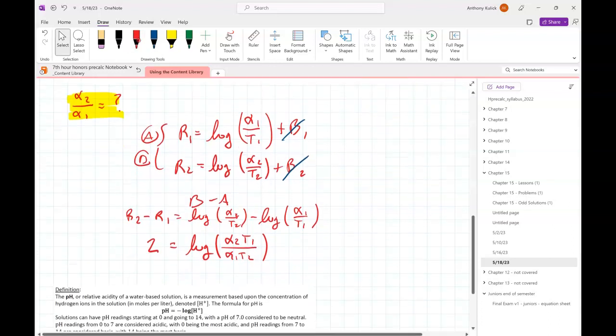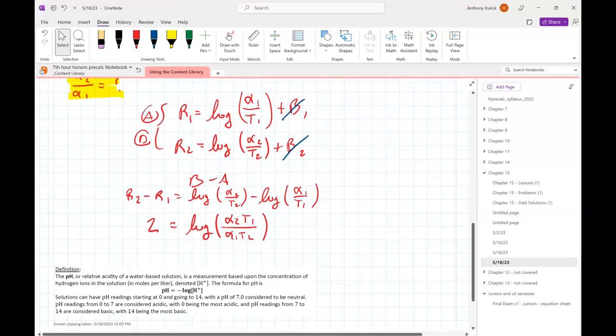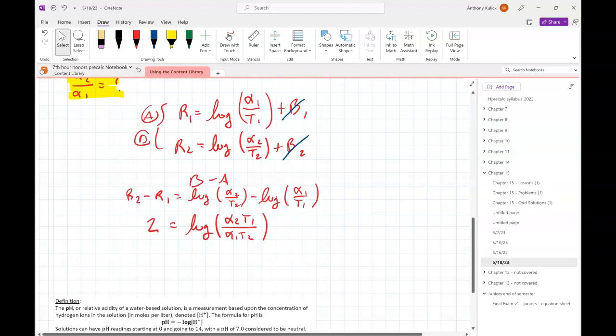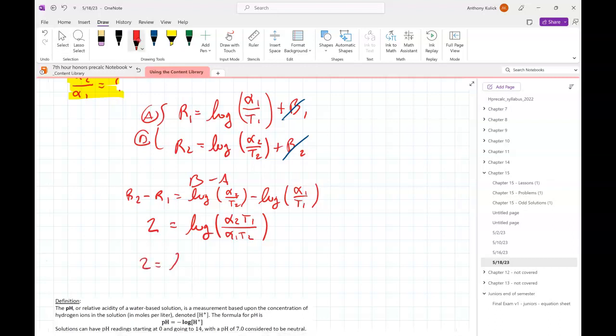Okay. But I still have this getting closer, right? Because I can see the alpha 2 over alpha 1 now, which is what I'm looking for. But I have this stupid T1 over T2. So I think I'll just product property that piece out.